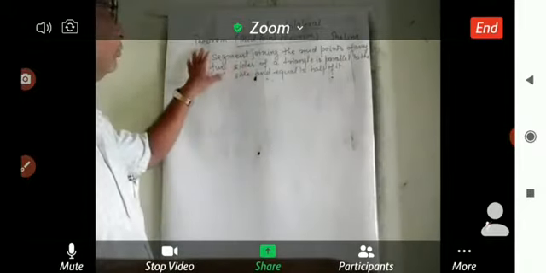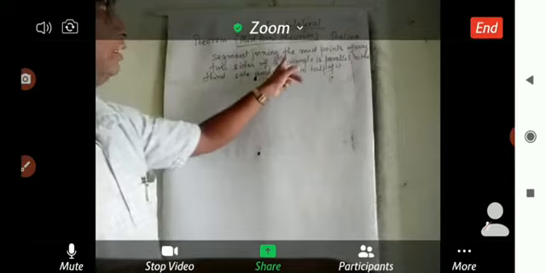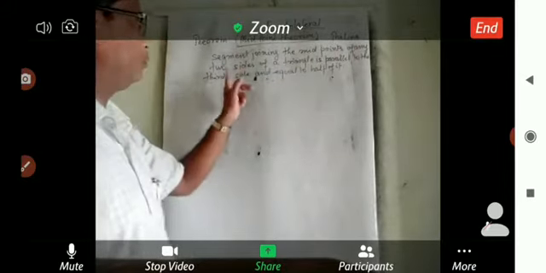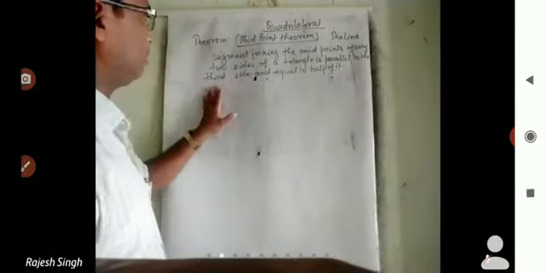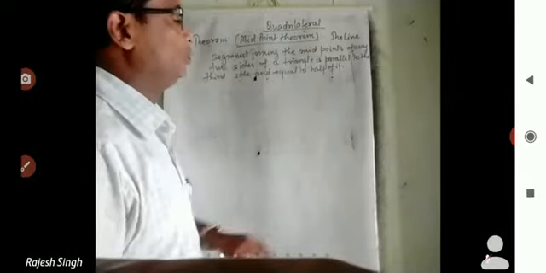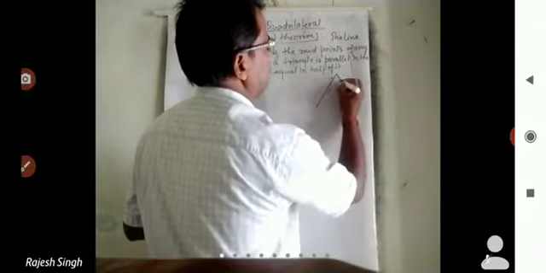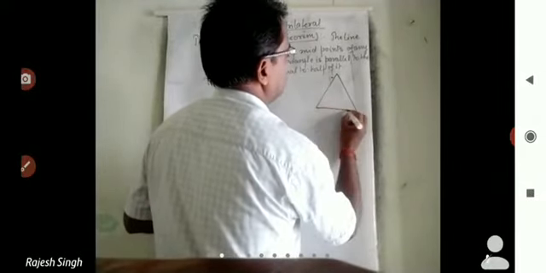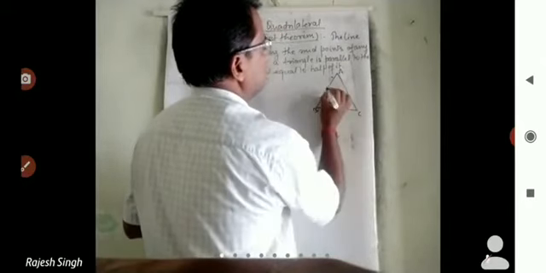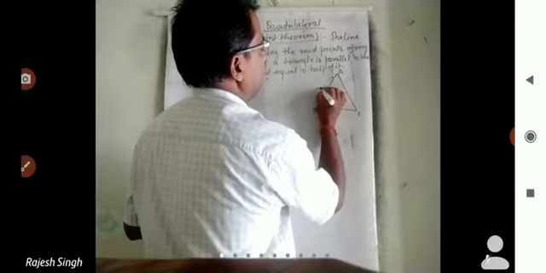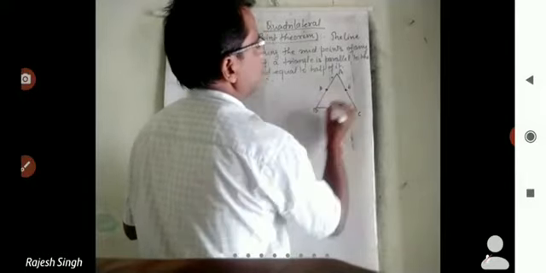You see, all of you, what is the midpoint theorem? The line segment joining the midpoints of any two sides of a triangle is parallel to the third side and equal to half of it. Means in a triangle ABC, suppose D is the midpoint of AB and E is the midpoint of AC.